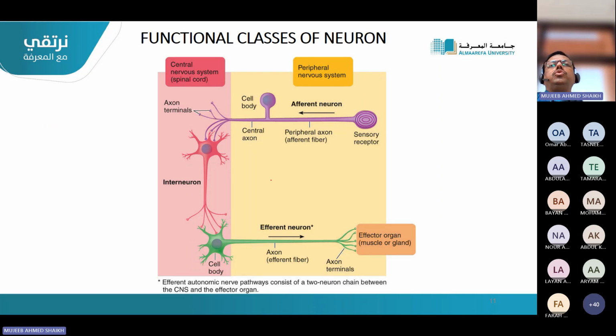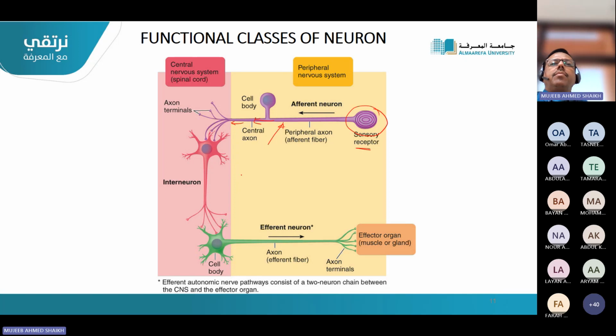This is a diagram to show you what is meant by afferent and efferent. Afferent is the neuron which will carry the information toward the center, toward the nervous system. Where does it arise from? It arises from a sensory organ or a receptor. So sensory neurons start with a receptor.